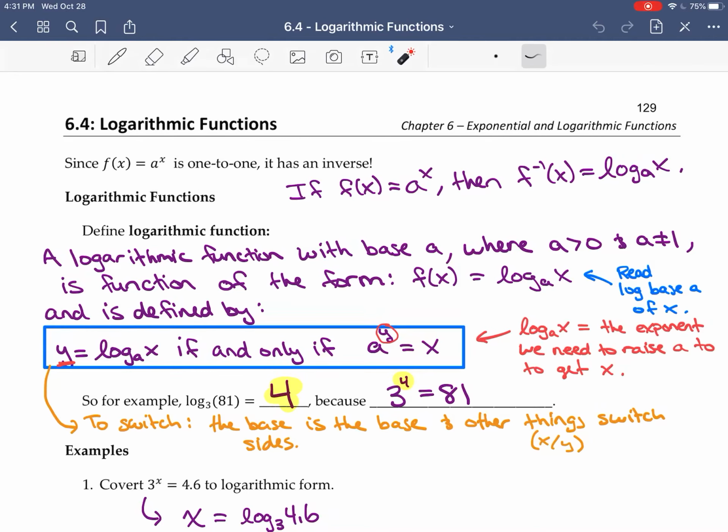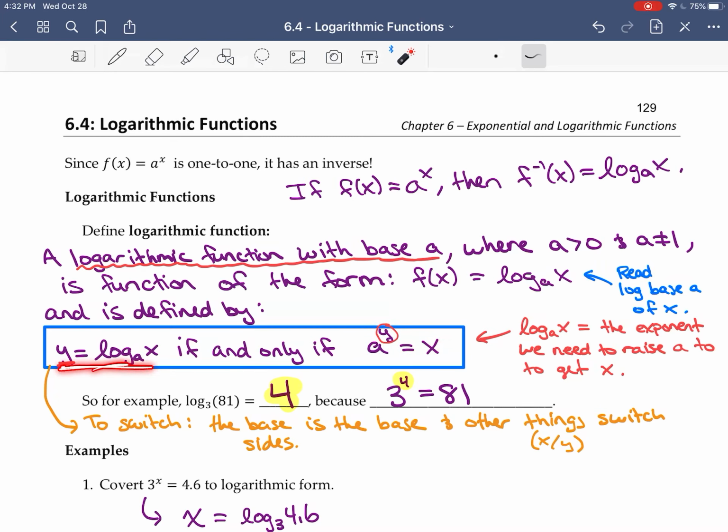In this video, we're going to do some extra examples involving logarithmic functions. So remember, a logarithmic function with base a, where a is bigger than 0 and not equal to 1, is a function of the form log base a of x, and it's defined by the property that if y equals log base a of x, a to the y is equal to x.